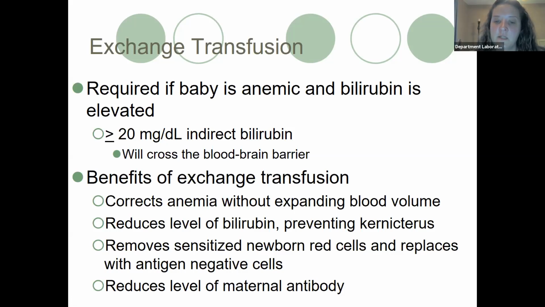Another thing that it does, all right, so it lowers the amount of bilirubin, preventing kernicterus. It also, think about what's going on there. What's causing this hemolytic disease of the newborn is mom's antibody coating baby cells. So by doing this exchange transfusion, we also are pulling off those antibody-coated cells, giving the baby fresh donor cells, improving the lifespan of those red cells, all right? So thereby, kind of correcting the baby's anemia.